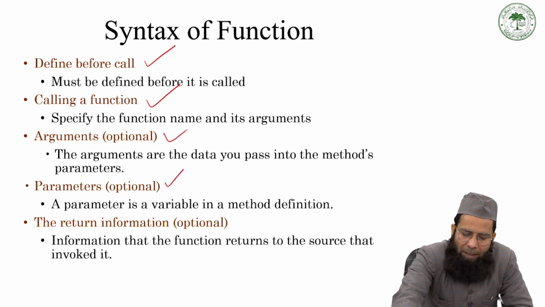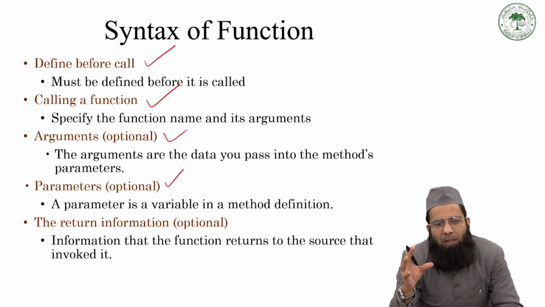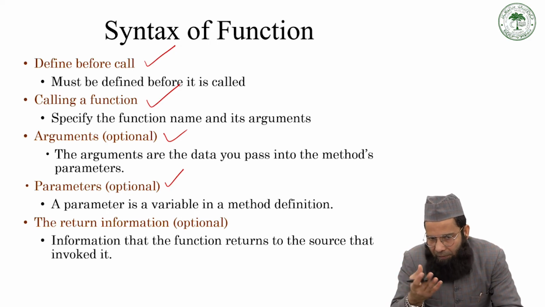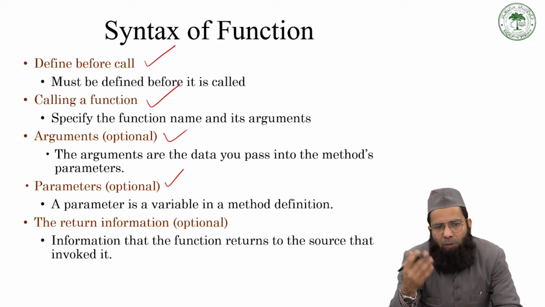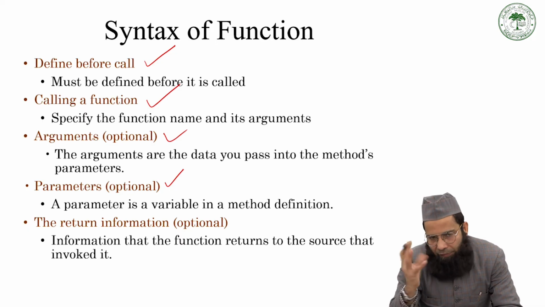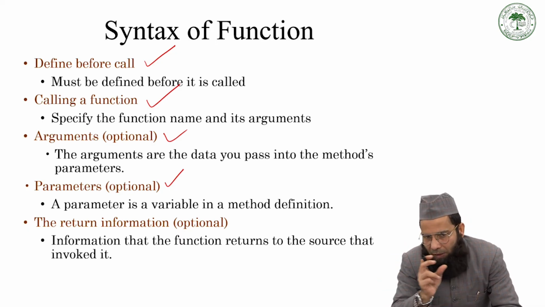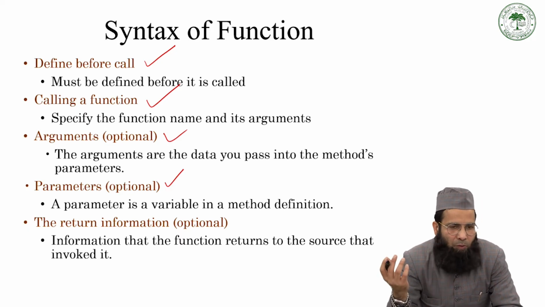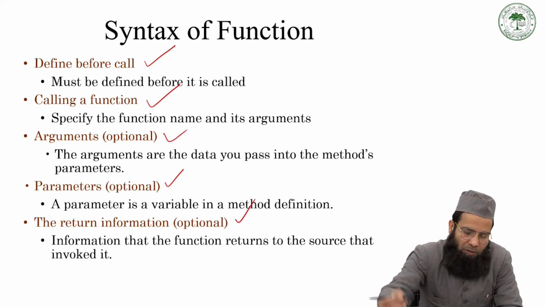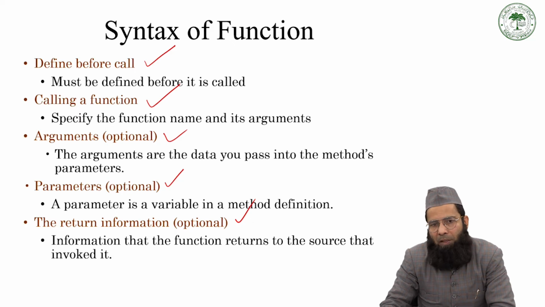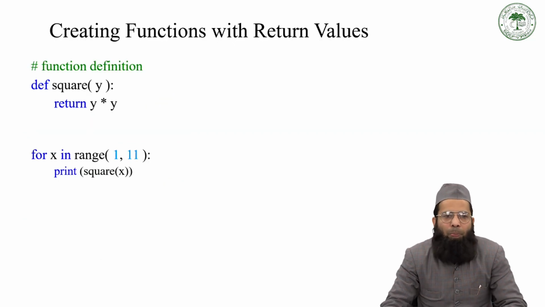Similarly, a parameter is a variable in a method definition. Where you are defining the method, I have shown you how you can define the function. During the definition of the function, you pass the parameter. Again, this could be optional depending on the problem in which you are working.